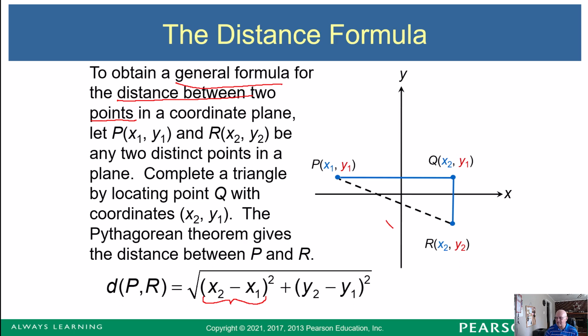It's just the x's. After you subtract them, you square it. Then you go to the y coordinates. Find the difference, and then square that. Add them together, and then take the square root. And that will give you the distance between P and R.